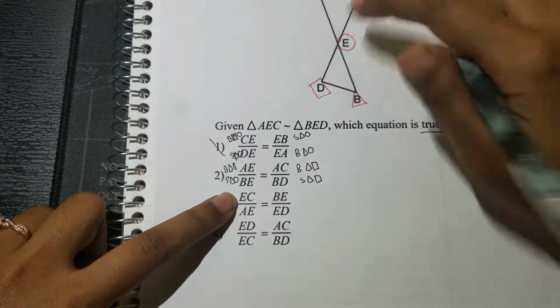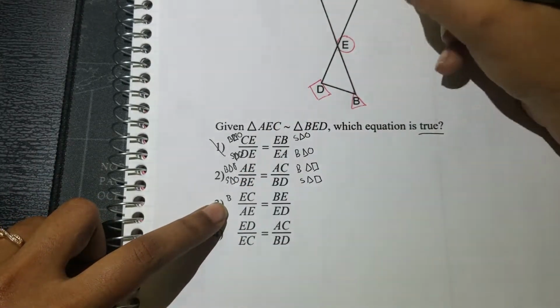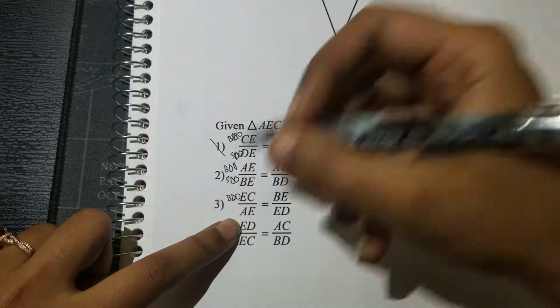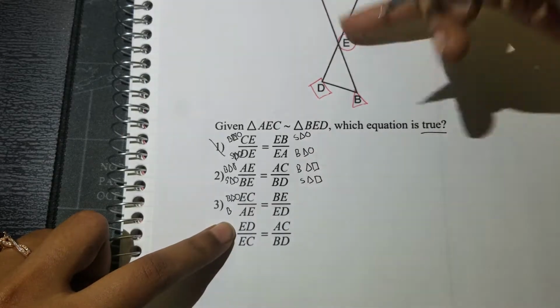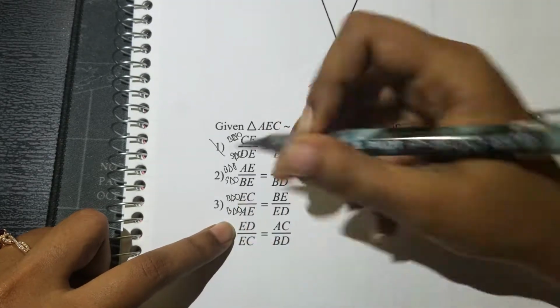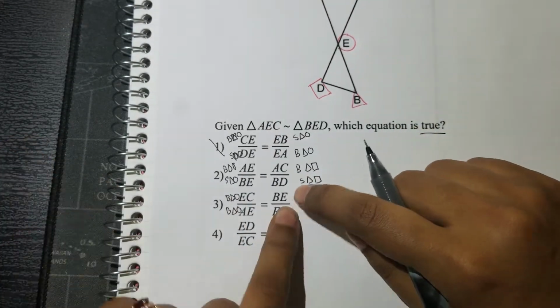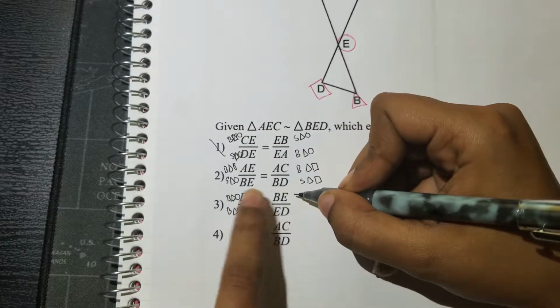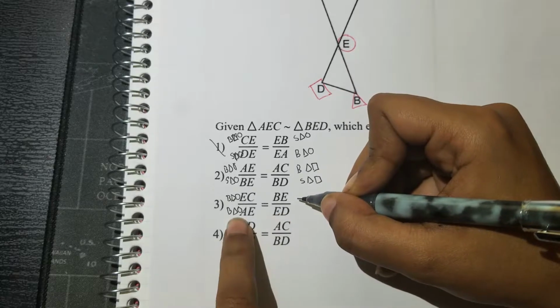So EC is big square circle, AE is big triangle circle. So this is an example of big over big. So this should be small square circle over small triangle circle.